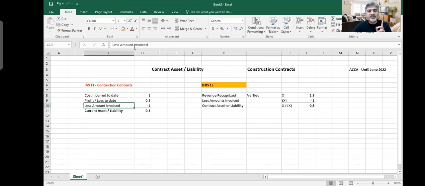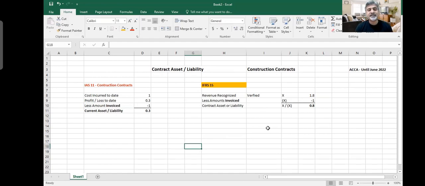I am not saying received, because that is a different thing. I'm talking about invoiced. You might have received it or not received it. So you use the words less amount invoiced, and that gives you contract asset or liability.